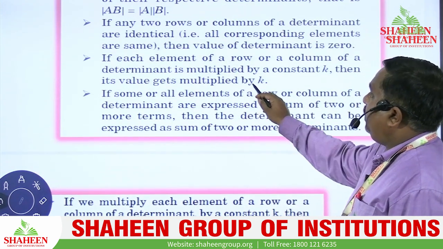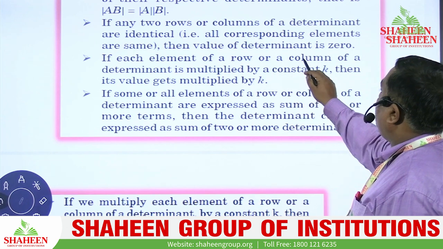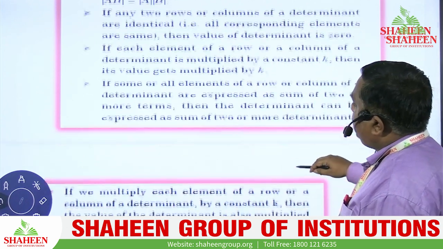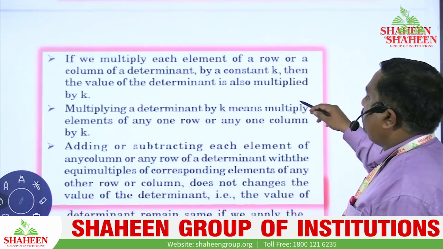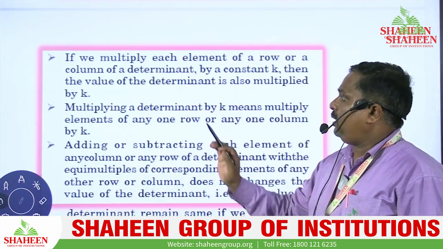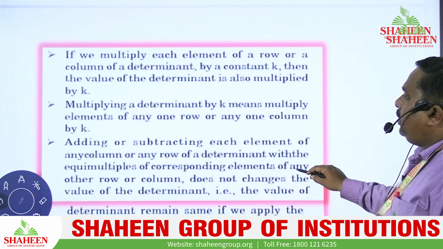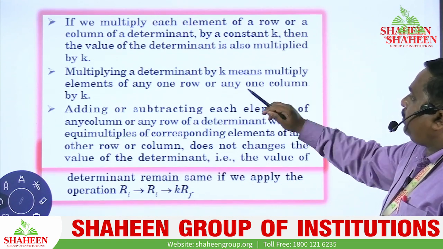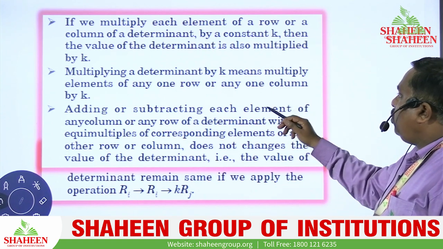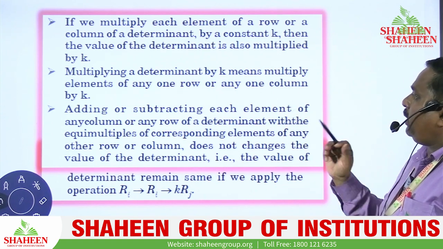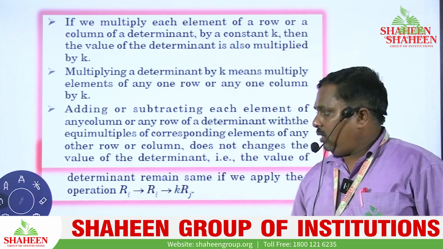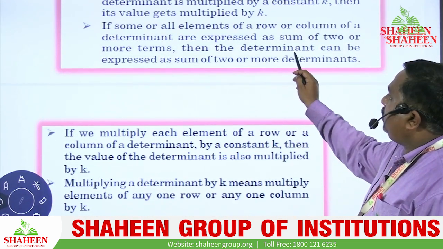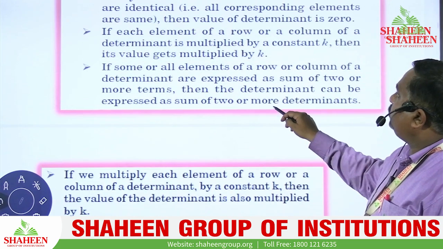If each element of a row or column of a determinant is multiplied by constant k, then the value is multiplied by k. Next point. Multiplying a determinant by k means that multiply the element of any one row or any one column by k. यानी कि ये वाला पॉइंट भी हमने डिस्कस किया था, कैन बी एक्सप्रेस्ड एज अ सम ऑफ टू.